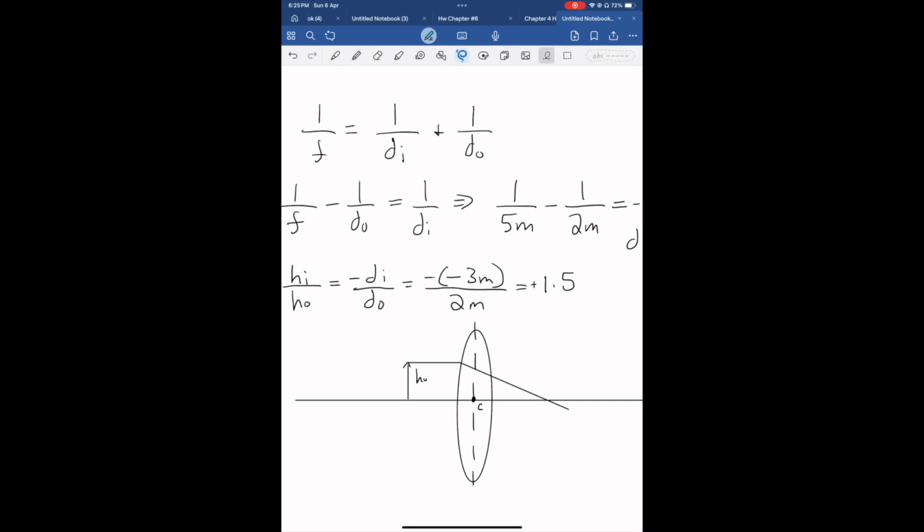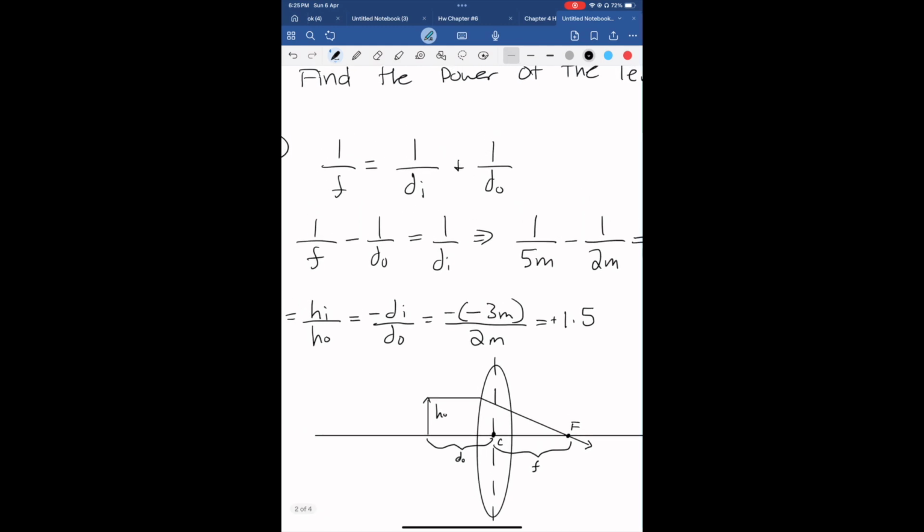There'll be a change in slope there. This right here will be the focal length, which is the length of the center to the focal point. This is DO, by the way.